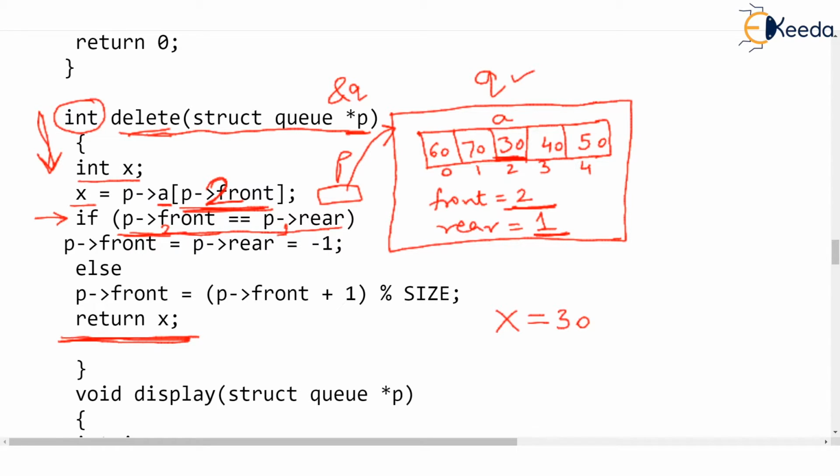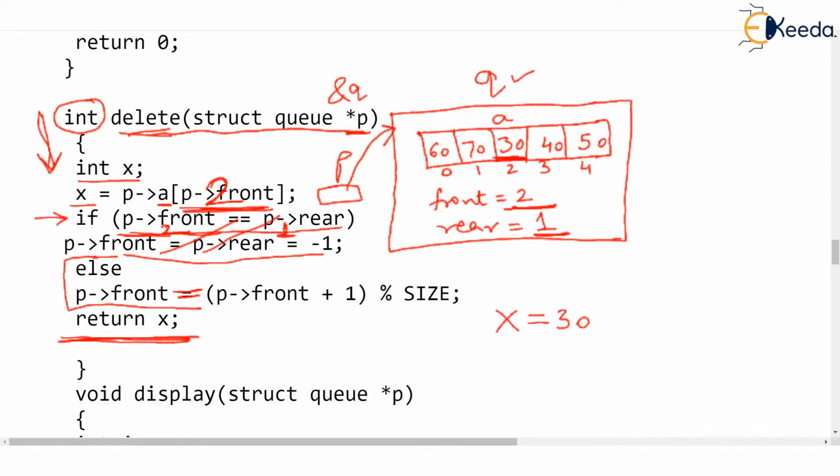So they are not equal. But what if they were equal? If they were equal, it means the queue is becoming empty and we will make both front and rear equal to -1. But anyway, this if is false. So we land in the else and execute this statement, which says p arrow front should become (p arrow front + 1) % size.